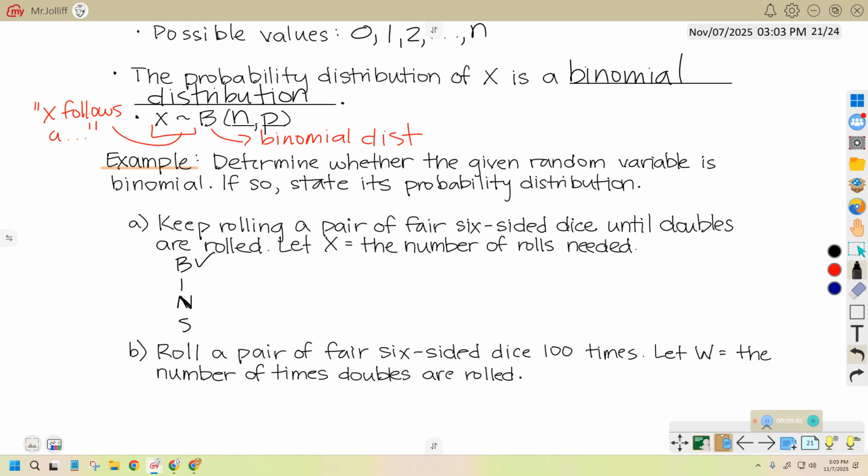So we're rolling dice. Does the second roll care what happened with the first roll? No. So that one's checked off. For number of trials being fixed and known ahead of time, do I know how many times I have to roll until I get doubles? No, we found where the failure happens. I don't know how many trials I need, so no, this is not binomial.